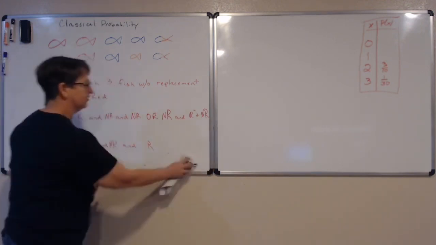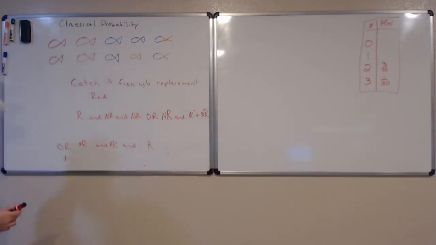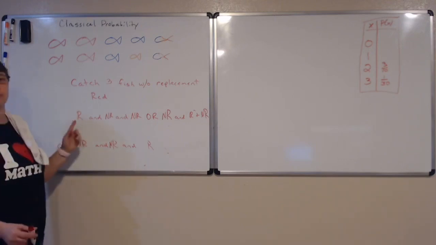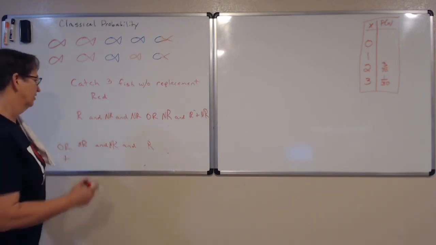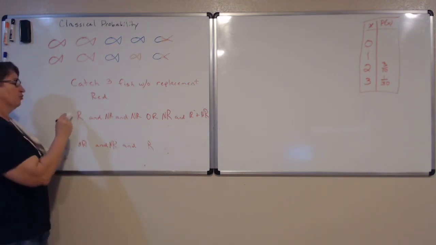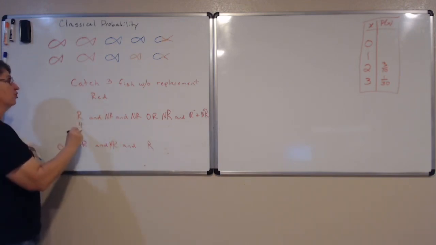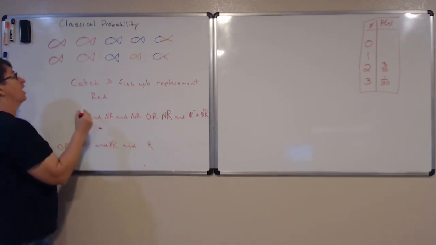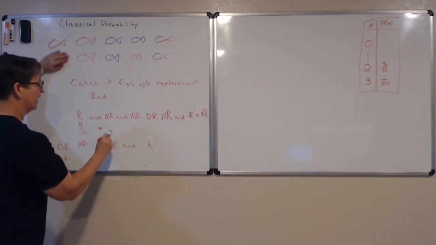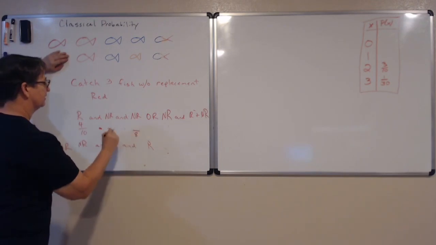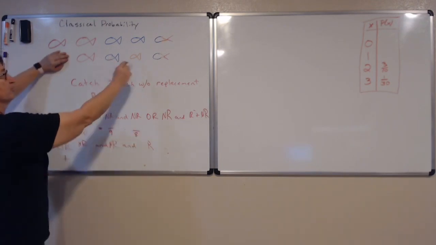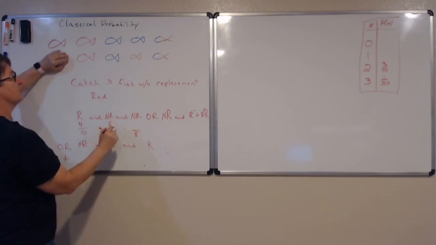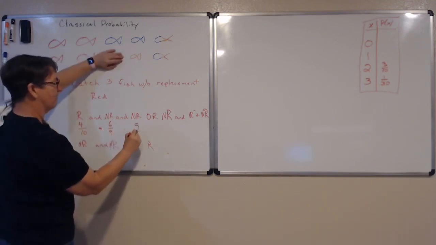Now I'm just finding the probability of each one. So the words were the hard part. Once you have the words down, then we just have to figure out the probability. Well, sometimes figuring out the probability is hard enough on its own. So to find the probability of a red, well, there's 4 out of a total of 10 of them. And not red, well, once I take it out, I'm down to 9 and 8 again. There are 6 to begin with, but then once I take one out, I only have 5 left.